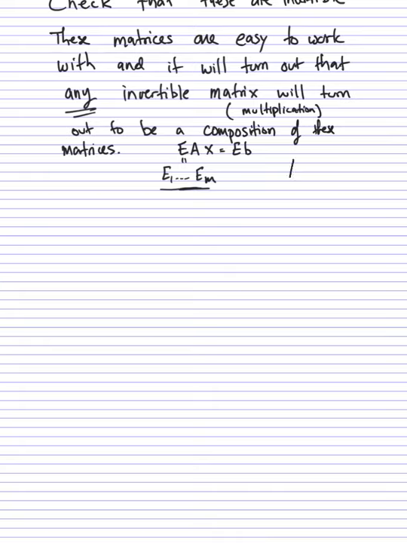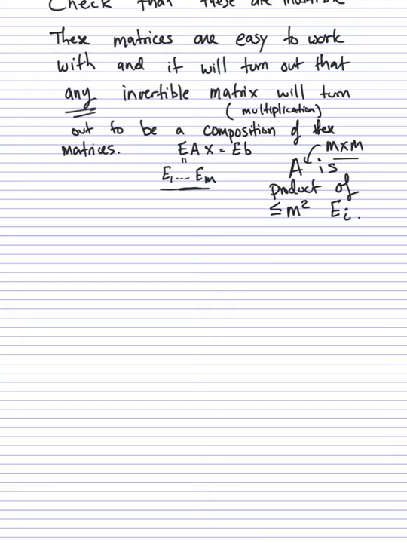And actually, you can make this quantitative. If A is m by m, it's a product of less than or equal to m squared E_i's. So you don't have to use a ton of these matrices. It's just given to you by how many equations there are.